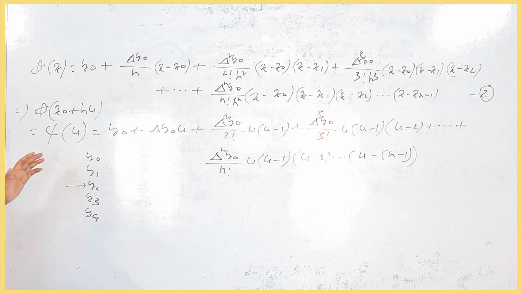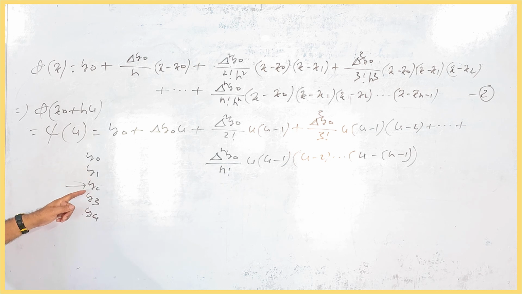Newton's forward interpolation formula can be used to determine the value of the function which lies in the upper half of the given table, that is, if the value we have to evaluate lies from y0 to y2.